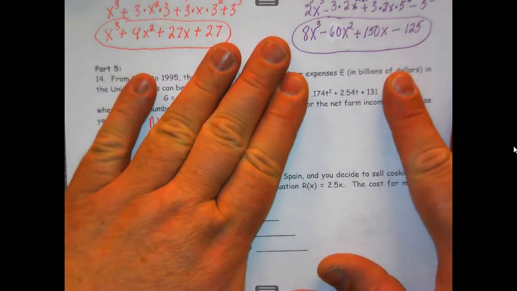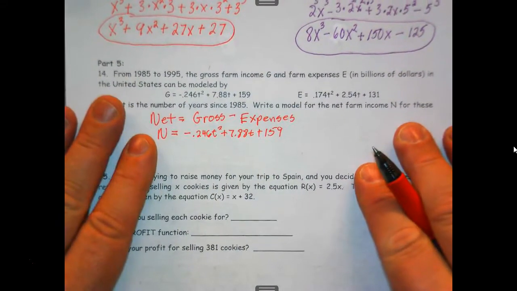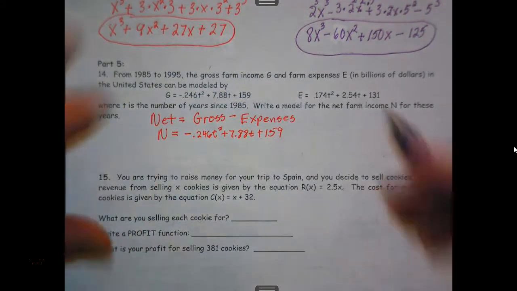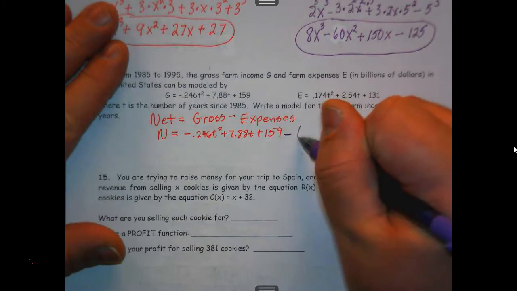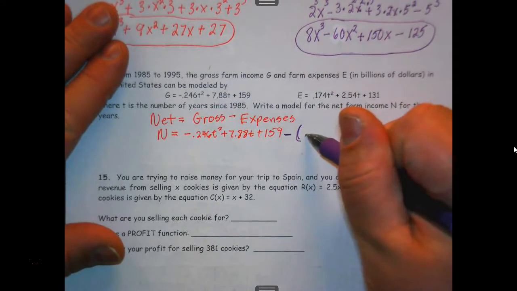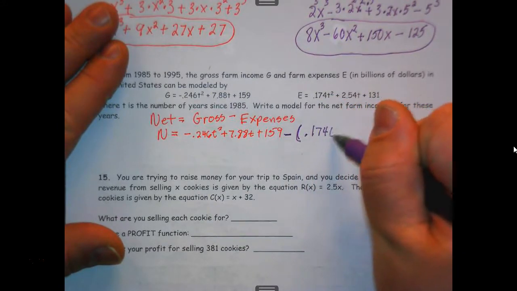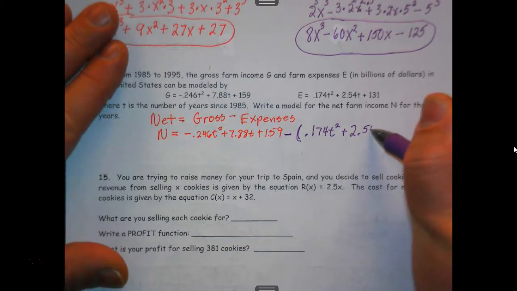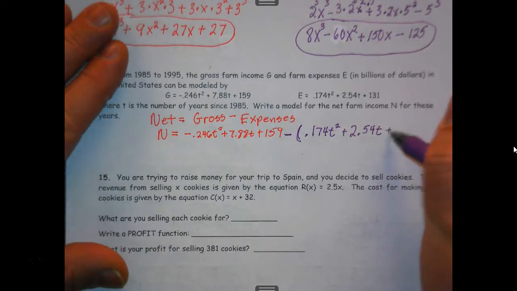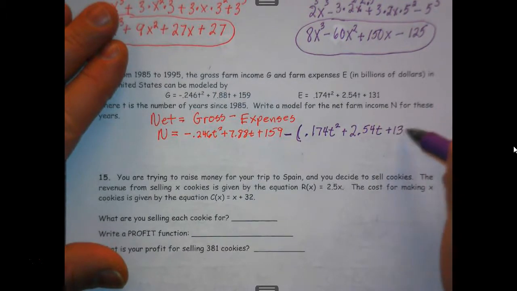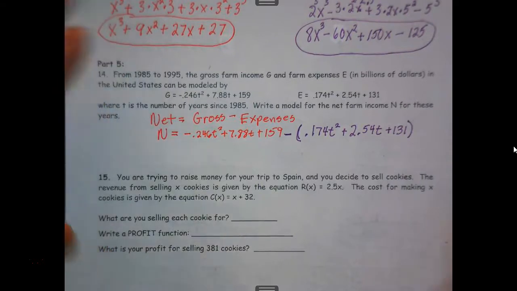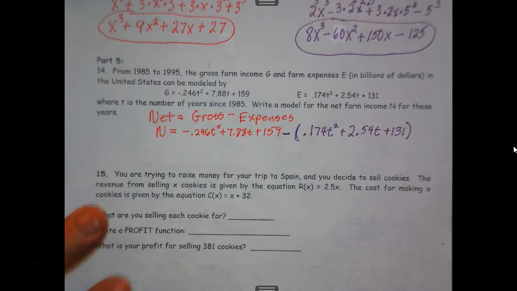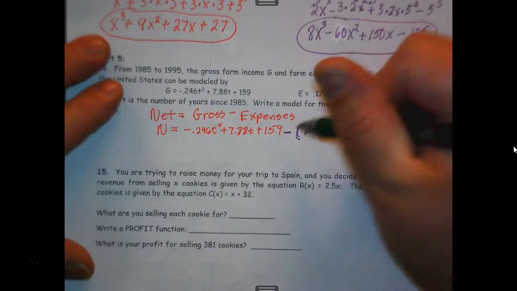How am I going to represent that in my new N function? I have to have parentheses around it. Because what happens if you don't put parentheses around it? You'll get the wrong answer after all that work because you will not distribute the minus sign. All right, you need to distribute that minus sign.